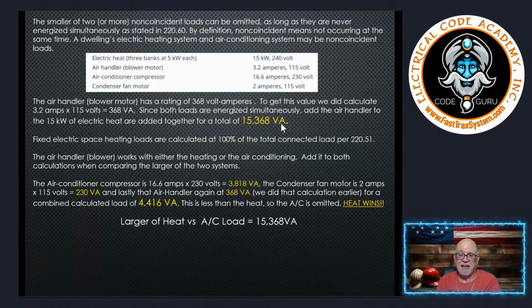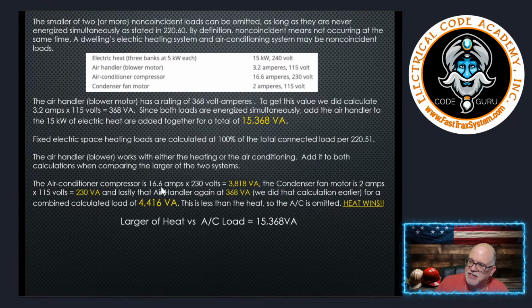You may not have those type of things or even have that 15 kW central heat package. So the AC may be the larger of the two. But that's why we have to compare. So in our situation, 15,368 is going to be larger than the AC, but we still have to do the math to determine that. So let's look at the AC.